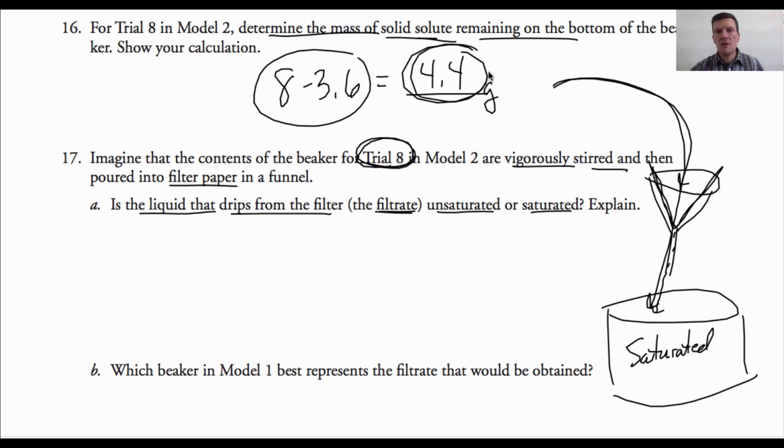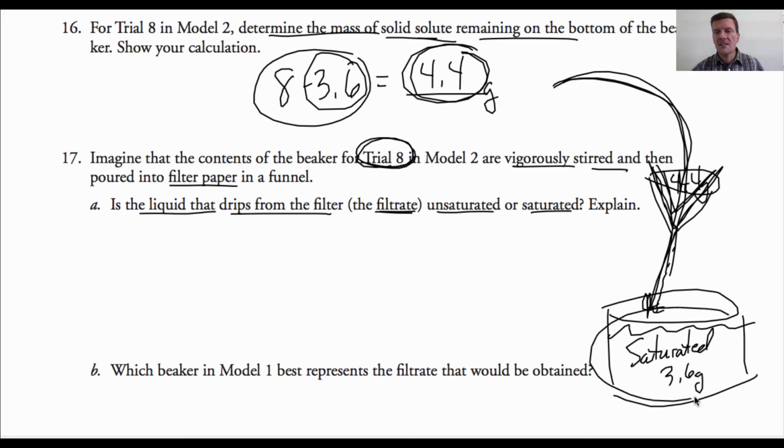And all of the 4.4 here is left behind in your filter paper. But the 3.6 in the solution, that's dissolved. That sneaks through, and you've got a solution down there that's got 3.6 grams dissolved. That is saturated. Remember, it's saturated at 3.6 and beyond.